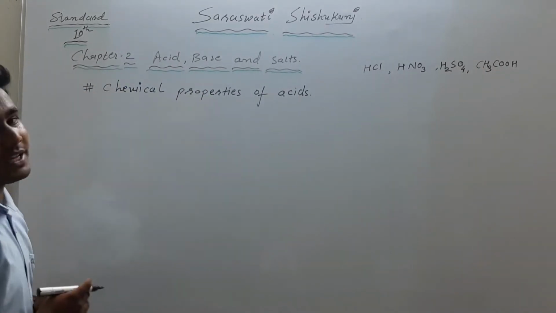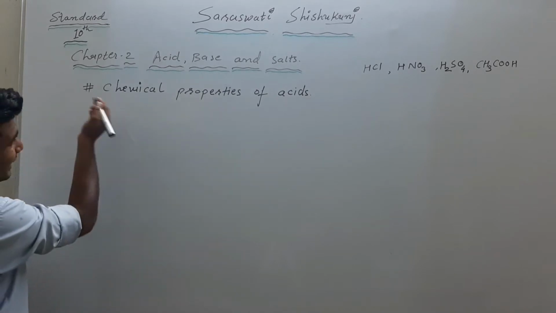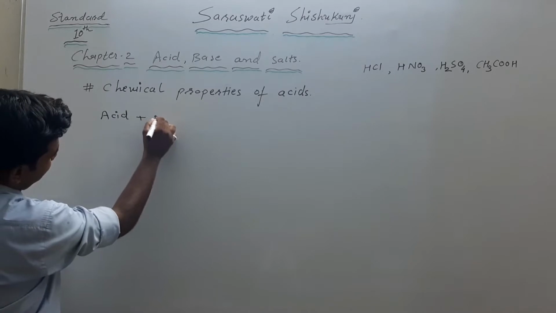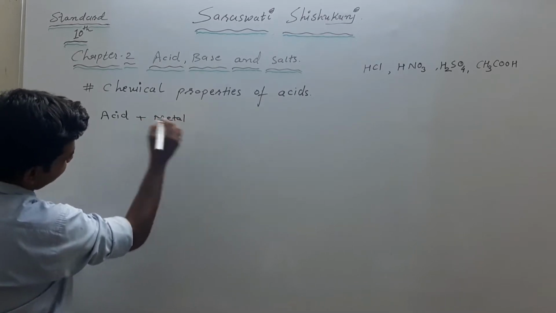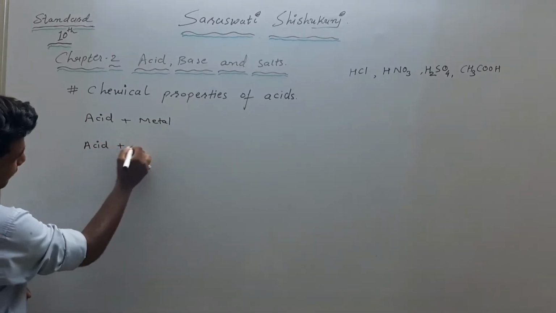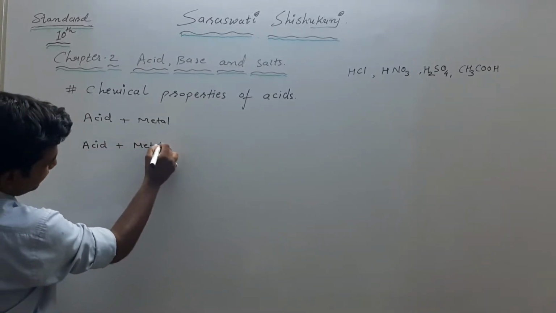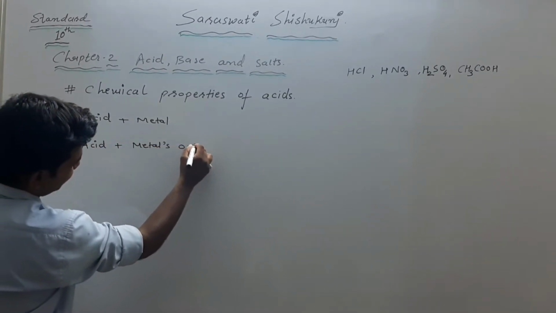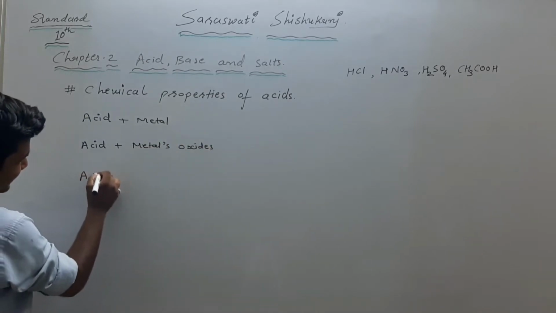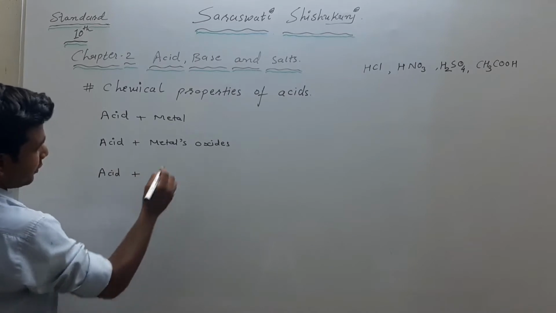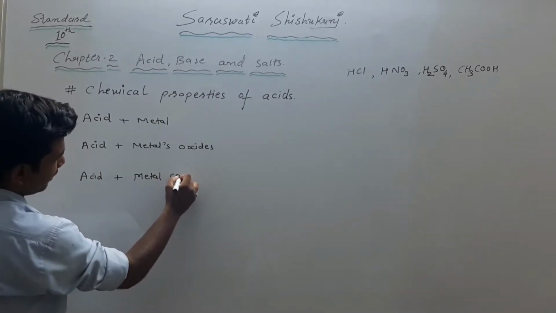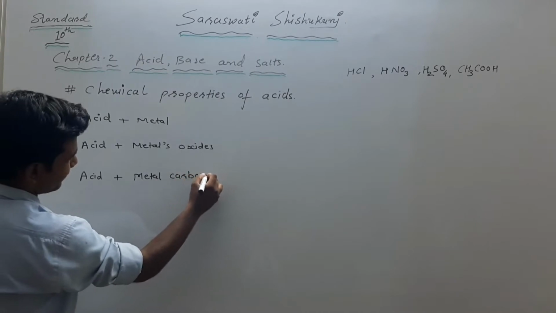For the chemical properties of acid, we can react acid with metals. Then the acid's reaction with metal oxides. Then the acid's reaction with metal carbonates.